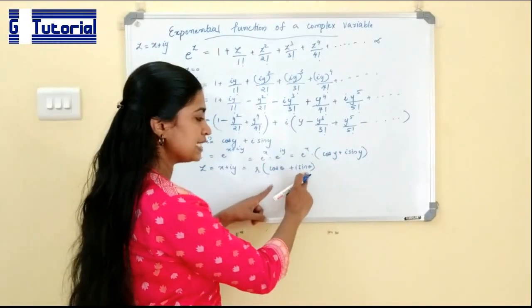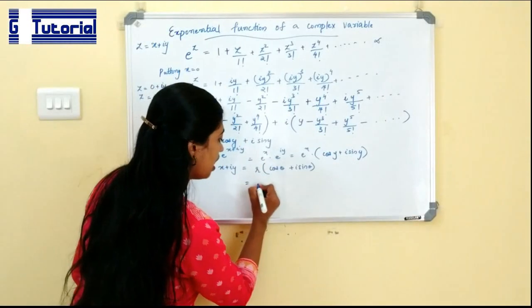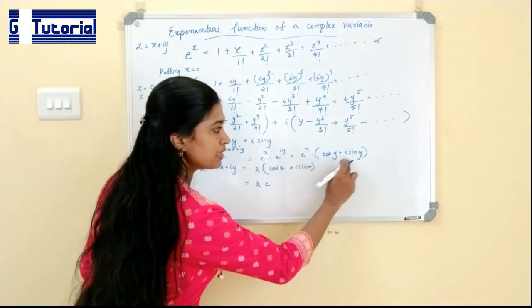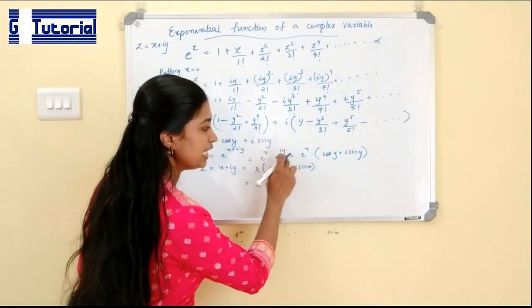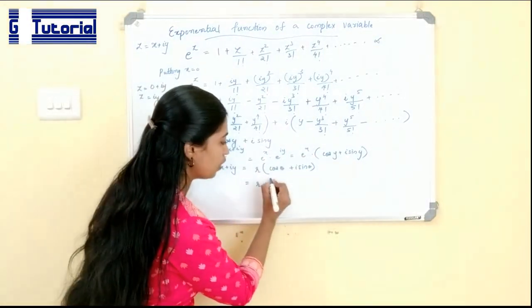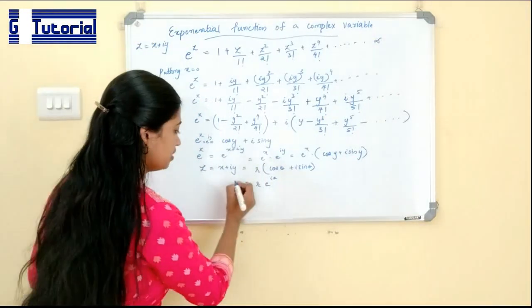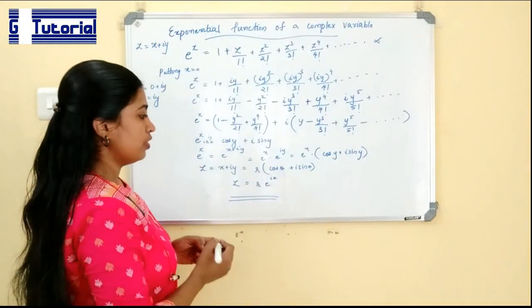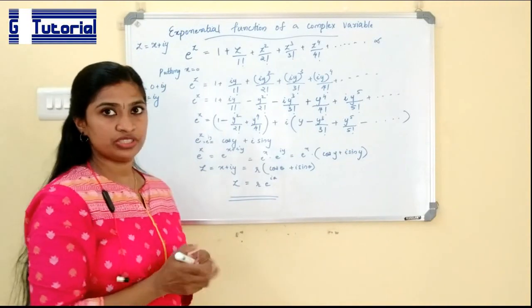So cos theta plus i sin theta can be expressed as e raised to i theta. So z is equal to r e raised to i theta. This is the polar form of exponential function.